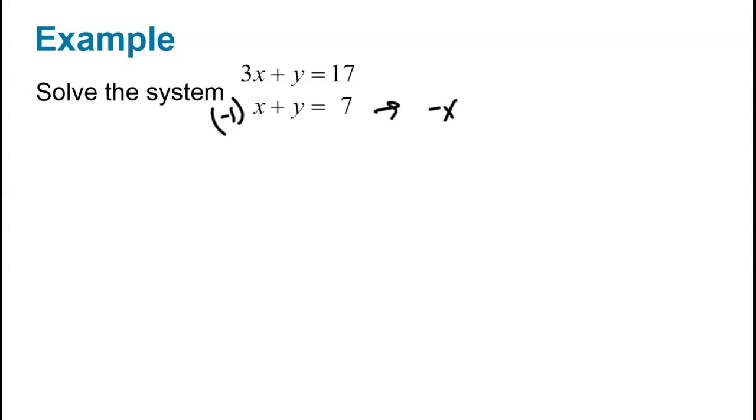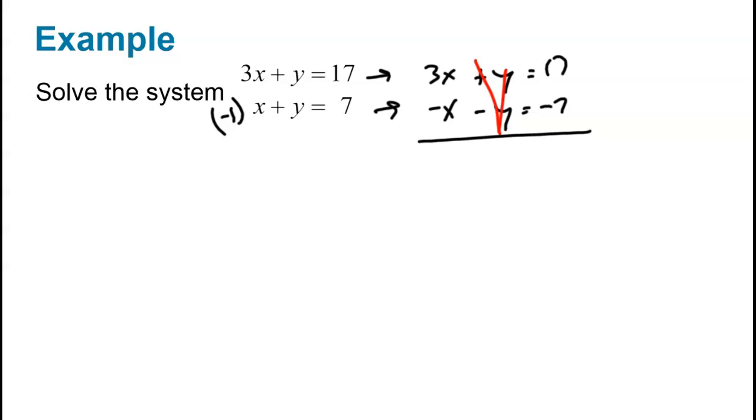We get negative x minus y equals negative 7. Now we'll bring this one over here so we can see what we've got: 3x plus y equals 17. Now we can get rid of the y's. We'll add these together and have 2x equals 10, and then get that x by itself.